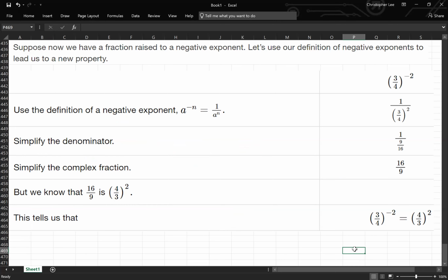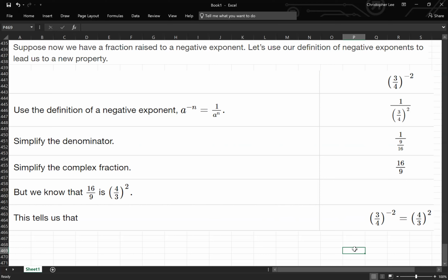Use the definition of a negative exponent, a to the negative n is equal to 1 over a to the n, to give us 1 over 3 over 4 to the second power, right? And then when you square fractions, you just put the power on the numerator and denominator. So I get 1 over 9 over 16, and then keep, change, flip. Final answer, 16 over 9, right?